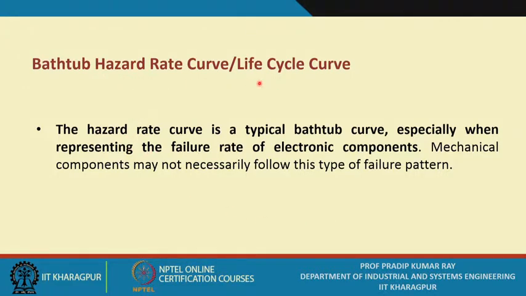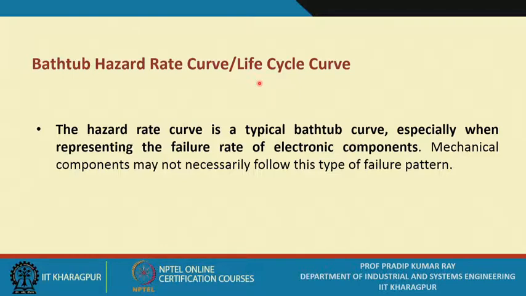It resembles a sectional view of a bathtub. So many a time this is also referred to as the bathtub hazard rate curve or simply bathtub curve. Is it okay? So in any exercise on reliability, we check whether the bathtub hazard rate curve is applicable or not. So let us discuss this bathtub hazard rate curve in detail.